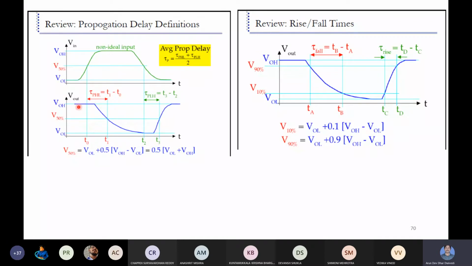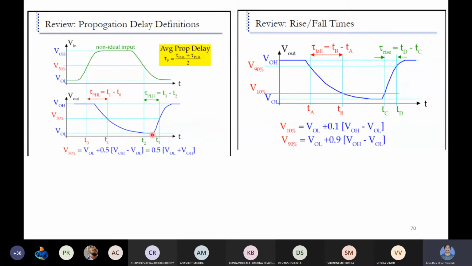At the output, the green color was the non-ideal input, and the blue plot is the output of the CMOS inverter. We can see that when the input is low, the output is high. The output does not immediately come to the low state; it switches from high to low and comes fully to VOL, but from VDD to VOL it takes some time.